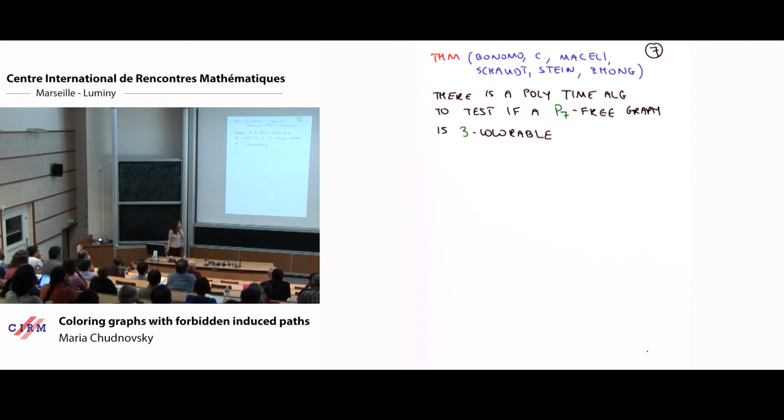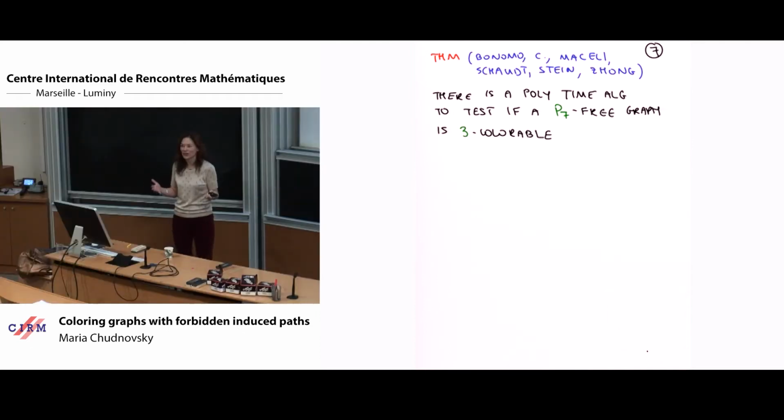So with Peter and Mingxian, we had these long, difficult two papers that proved that it's polynomial to 3-color P7-free graphs. Basically we proved everything we could about P7-free graphs, and we wrote it all down, and then in the end you could see that now you can test if it's 3-colorable.